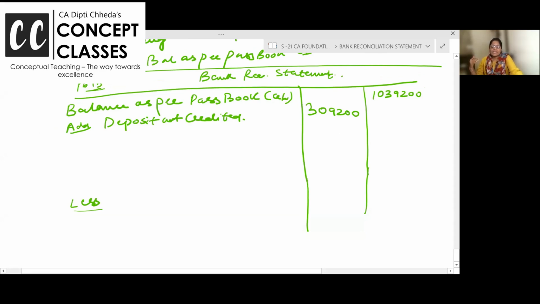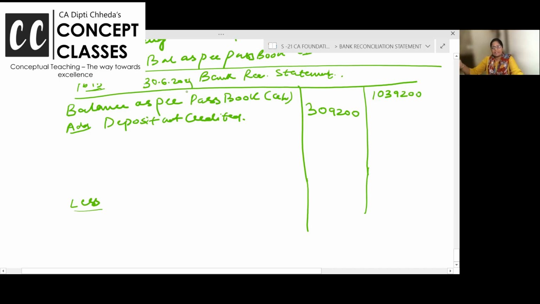Company has given standing instructions to bank कि hire purchase के installment, they are equal EMIs 3 lakh pay करते जाना. Commencing from April, no entries recorded in our books, and we are preparing this on 30th of June 21.